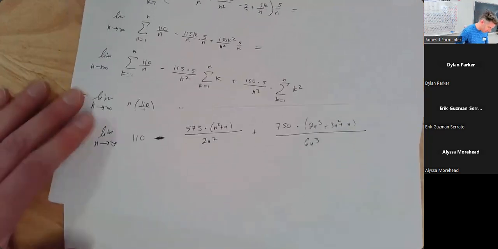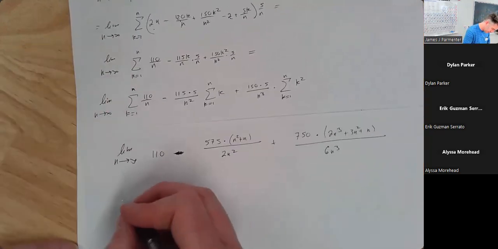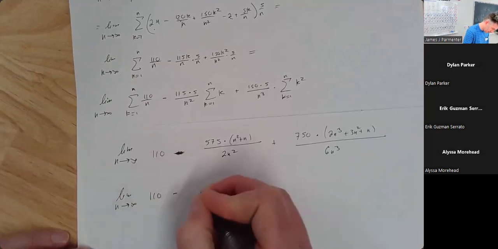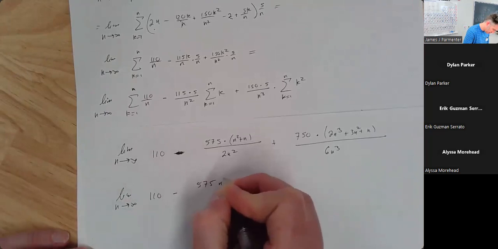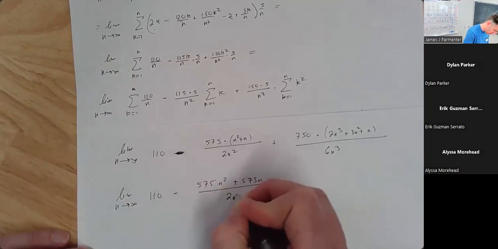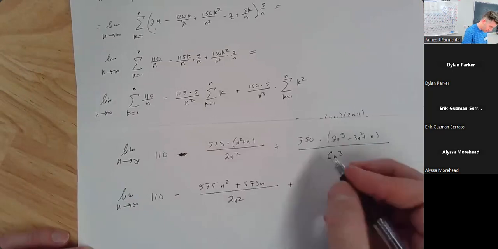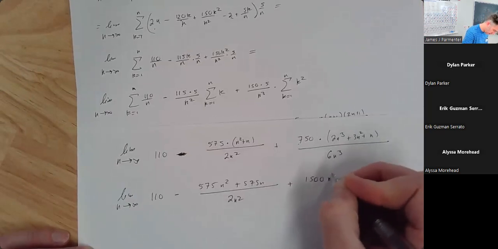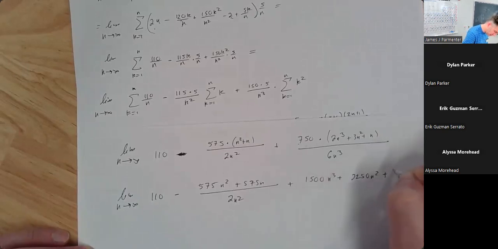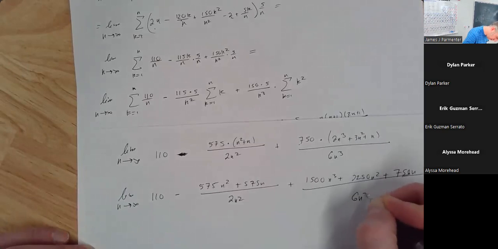So what I'm actually taking the limit of is the limit as n goes to infinity of 110 minus 575 n squared plus 575 n all over 2n squared plus 750 times 2 is 1500 n cubed plus 750 times 3 is 2250 n squared. Should pick smaller numbers. 750 n over 6n cubed.